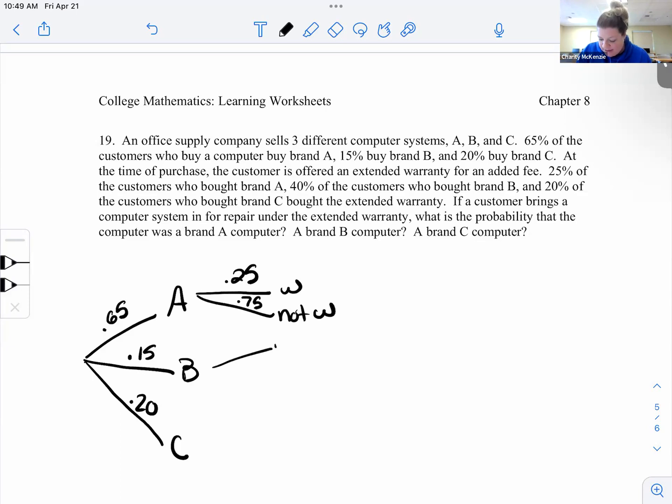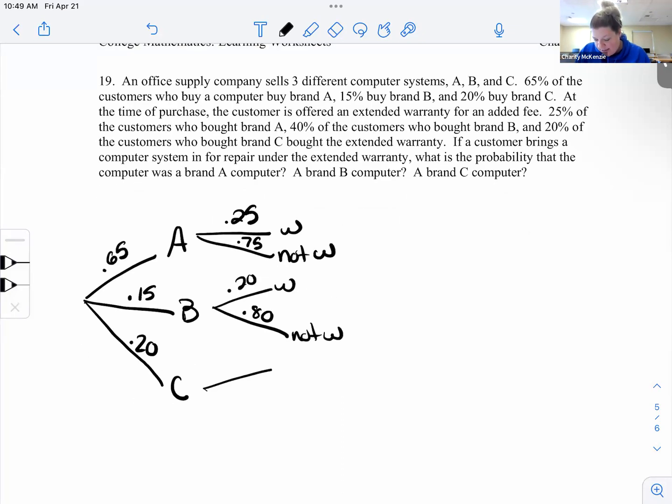So if they picked brand B, then 20% of the customers bought brand C. So 20% chose, yeah, I'd like a warranty, and 80% chose, no, thank you.